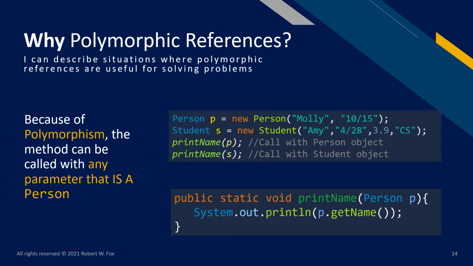So now this printName method will actually work with not just a person object, but a student object, or a high school student object, or a worker object, or whatever. And what's awesome about polymorphism is I can write the method once, but I could use it for a lot of different types of objects. And so that's one use case for polymorphic references.